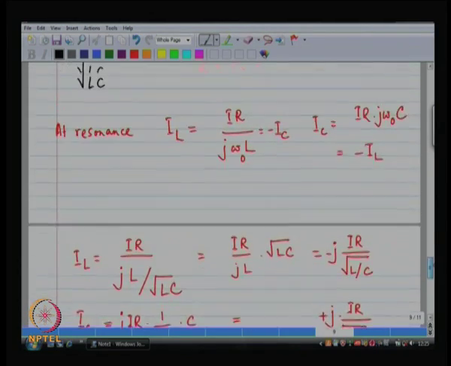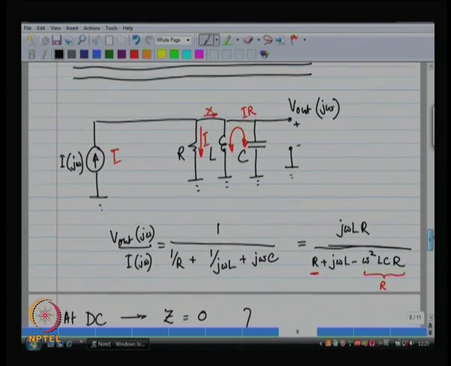what do we have here? We have I being pushed into the circuit, I flows through the resistor, but 100 times I flows through the inductor and flows through the capacitor. Now, that is something amazing, right.